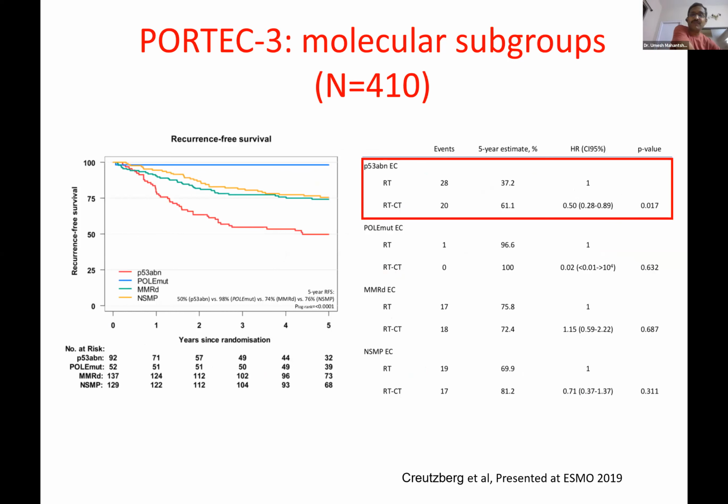A similar analysis was done for PORTEC-3 molecular subgroups, and what this slide shows is that in P53 mutated patients who have stage 3, aggressive chemoradiation seems to give significantly better outcome as compared to patients who receive pelvic radiation alone. Suffice to say that maybe apart from the staging, if we are able to do these molecular markers, especially P53 status, then we could selectively treat these patients with more aggressive treatments.